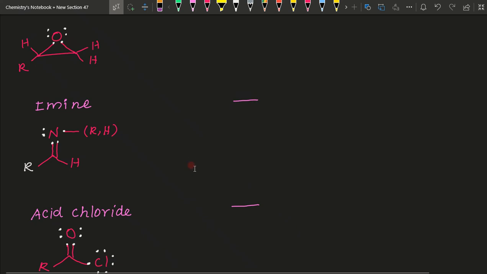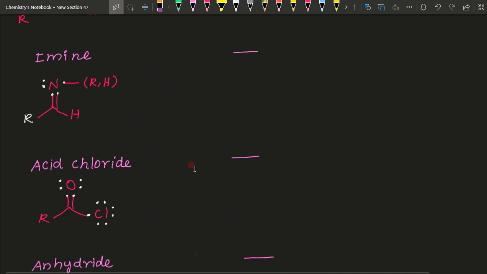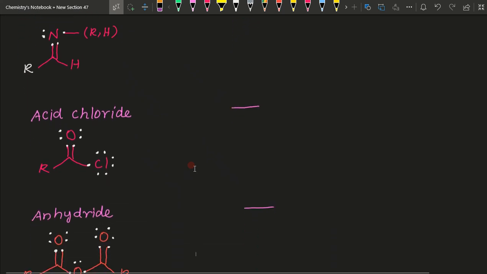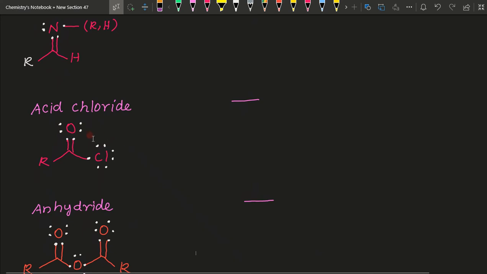Next, see this. This is like ketone, but here one R is present.